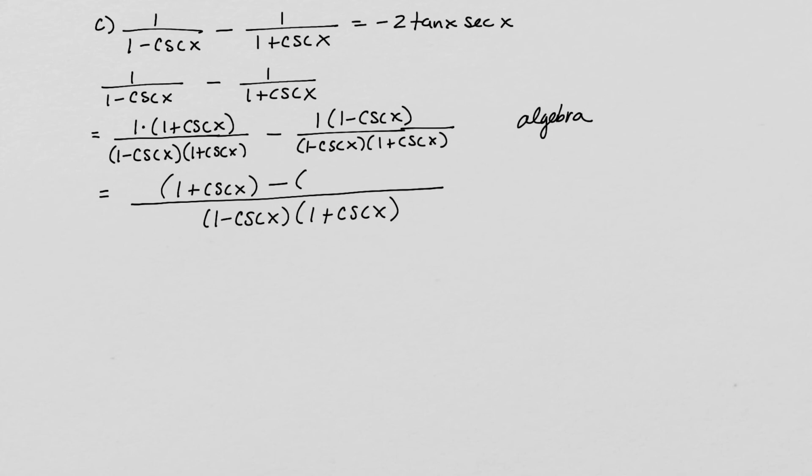So the second piece is just going to be 1 minus the cosecant of x. So, questions so far about anything I did there? Again, all I've done is some algebra.